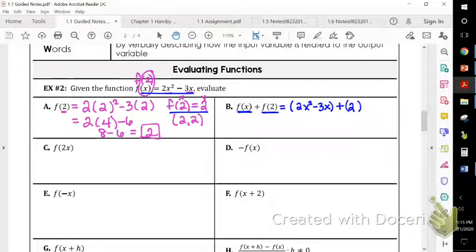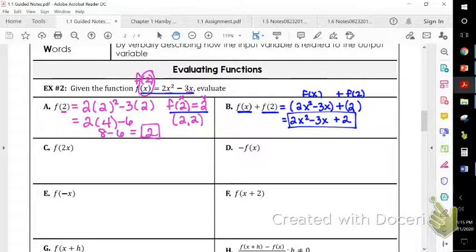So what I did is I separated them so you can see this is our f of x plus, and this was our f of 2. Now we don't need these parentheses, so I need to distribute anything that's in front of them to get rid of it. And so, it didn't really change. Now we're going to combine any like terms if possible, which there are not. So there is our solution. Don't try to factor, guys. We're not there yet.